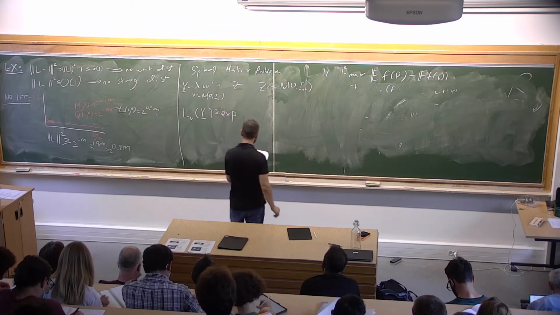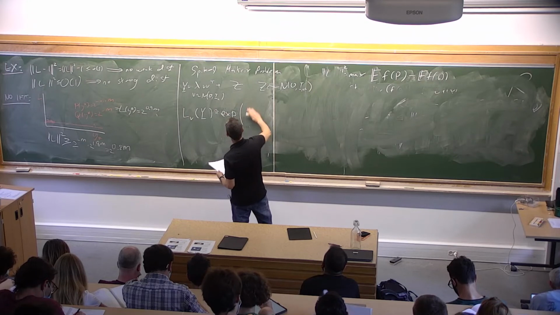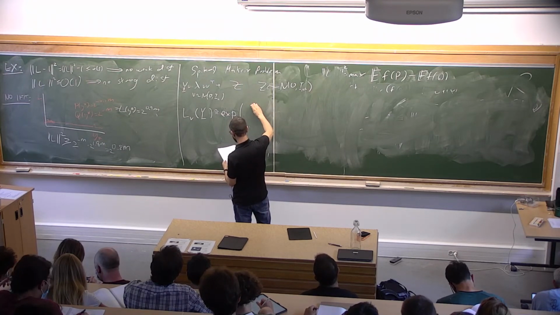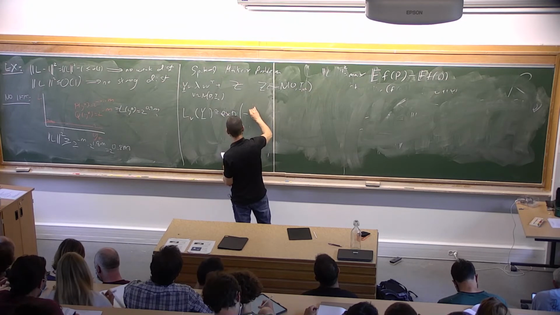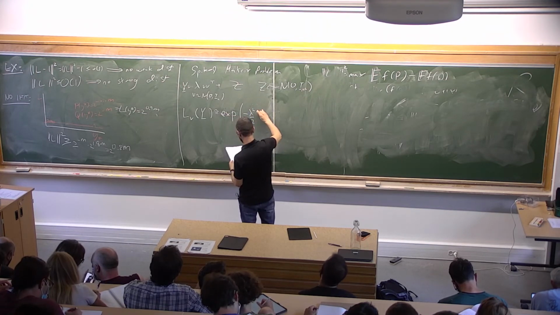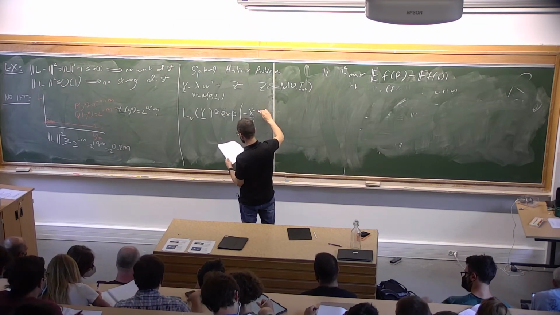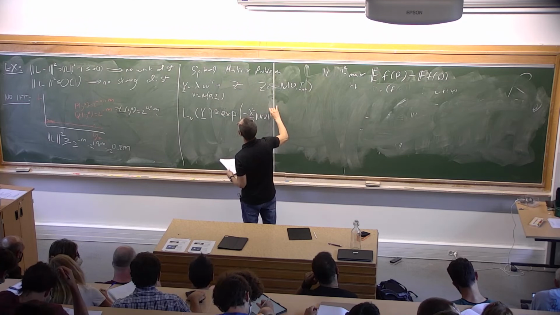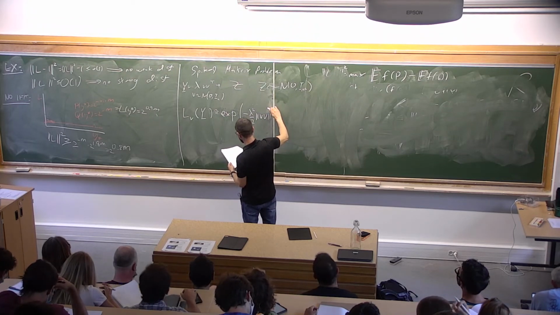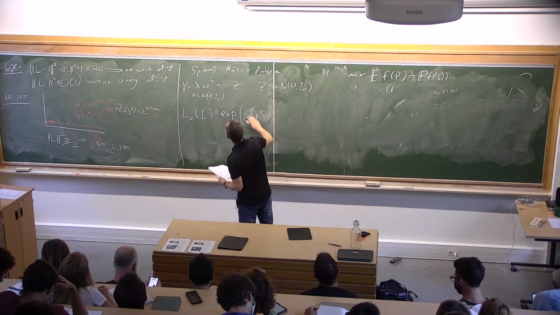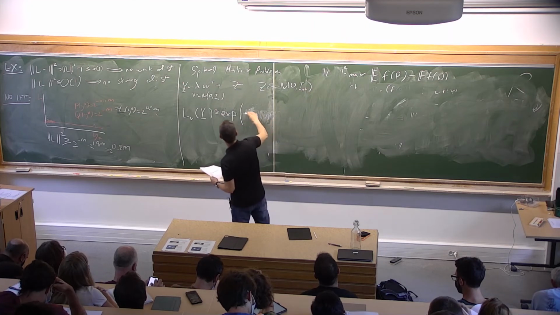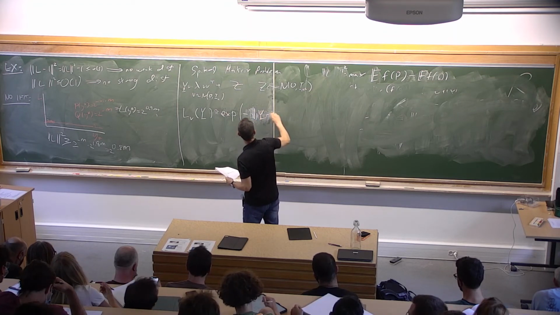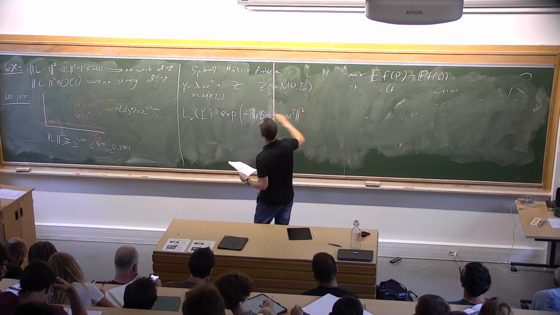I'm going to ignore some constants in front of it, but L of y comes out to be minus... so if y was of this form, you want to write it as minus y minus lambda v v transpose, squared.